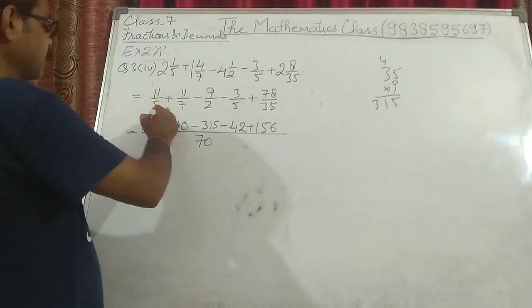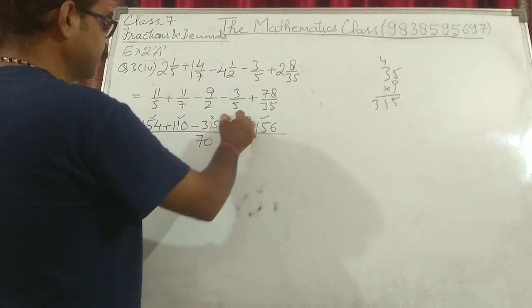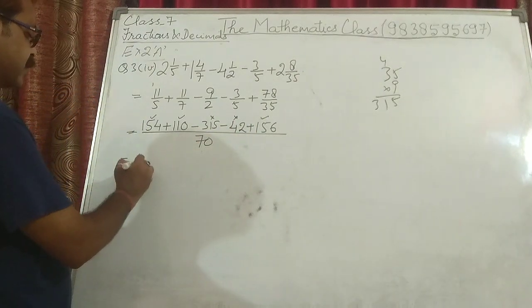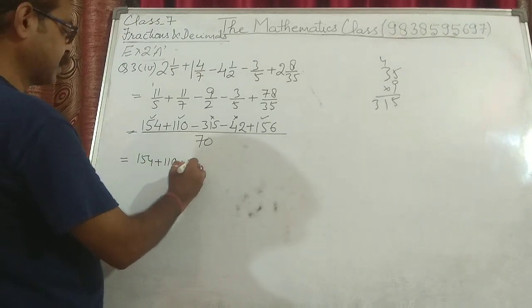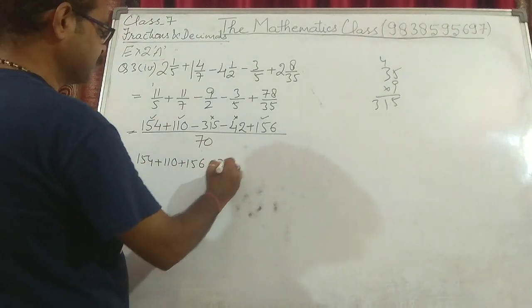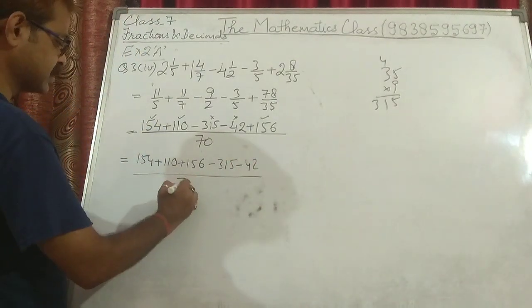Now all the positives will be taken together and all the negatives will be taken together. It means we can write this as 154 plus 110 plus 156 minus 315 minus 42 upon 70.